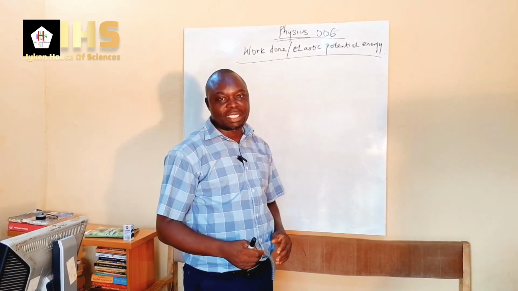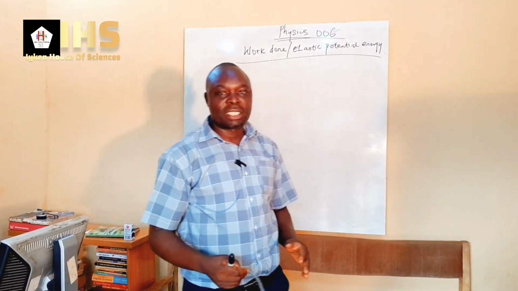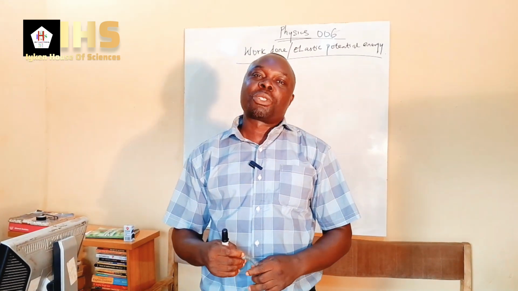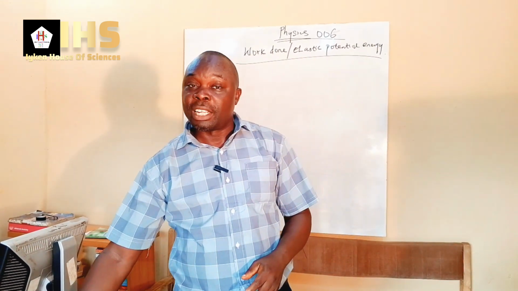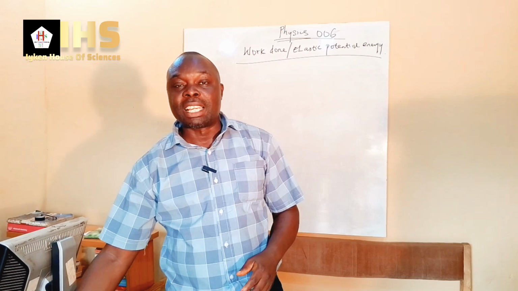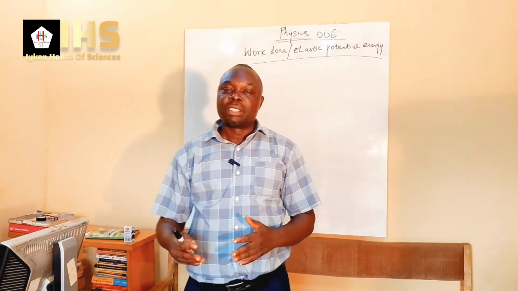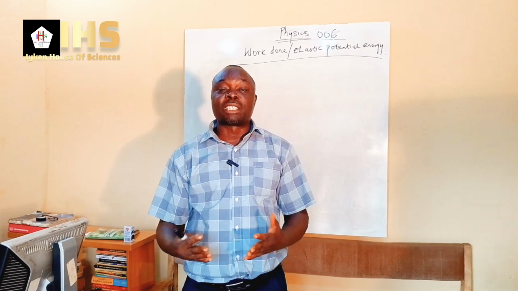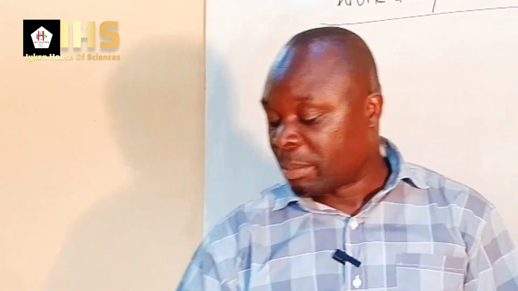Physics day 6. On physics day 5, we had a look at the Young modulus. And I told you that with that idea, we could give Hooke's law the other way around by saying that, according to Hooke's law, provided the elastic limit of an elastic material is not exceeded, the stress of that elastic material is proportional to the strain.